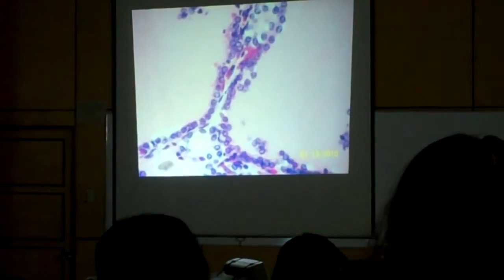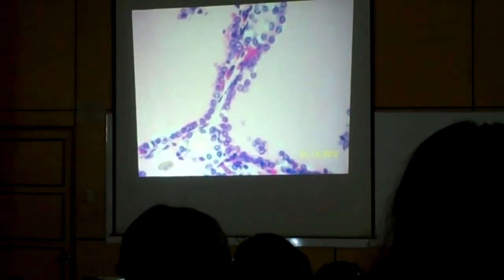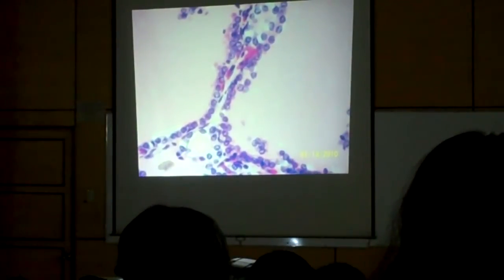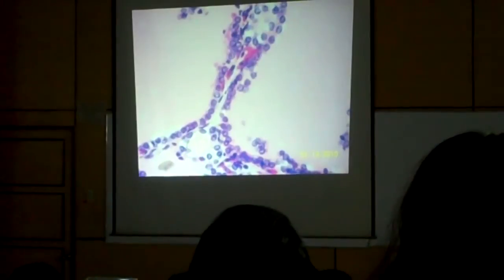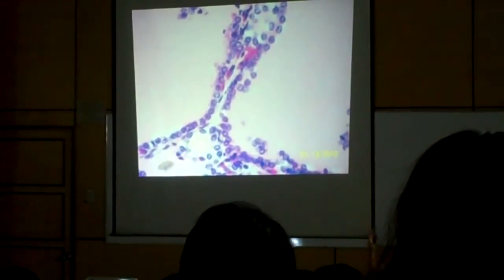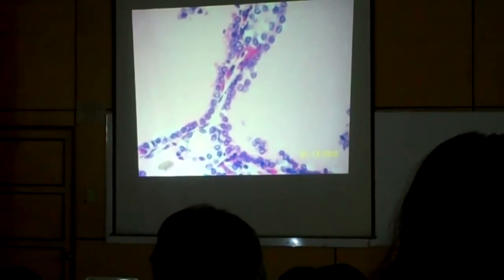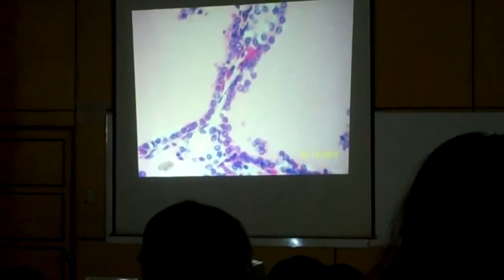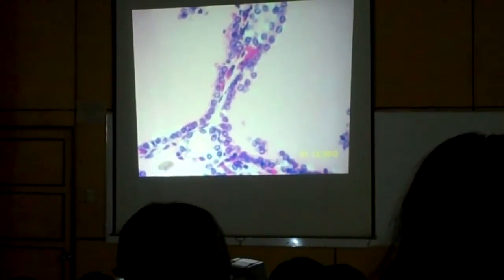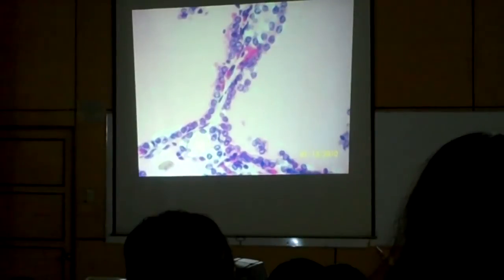Okay. The same: identify means you name the cell. Before, in your first exam, you just had to classify them, so these are cuboidal, simple cuboidal. But depending on where they are located, like here in the thyroid gland, they are follicular cells.